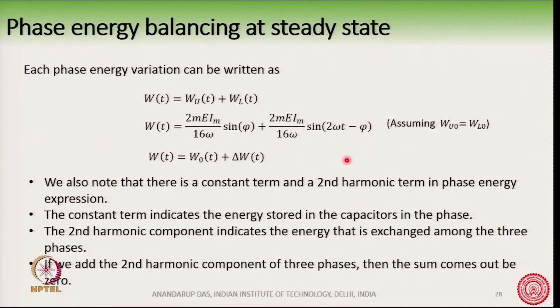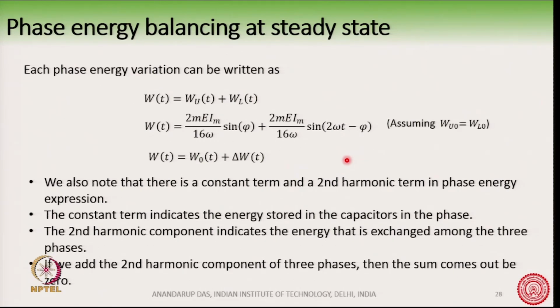In a similar way you will have a second harmonic term in the phase energy expression of phase B, and you will have a second harmonic component term in the phase energy expression of phase C. The sum of these second harmonic components again comes out to be 0. So, what does it show?